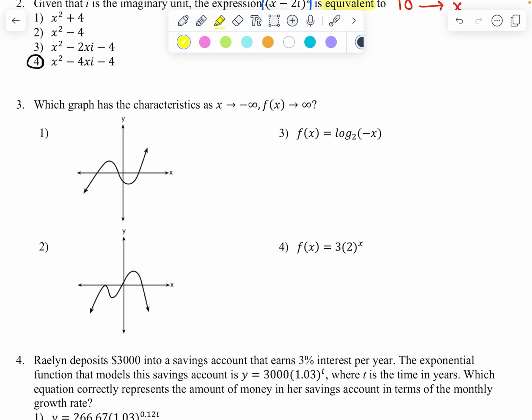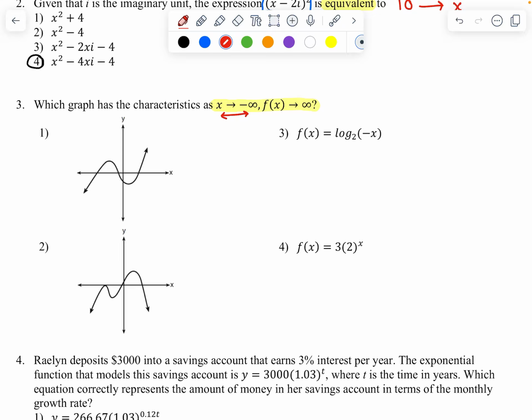Okay, number 3. Which graph has the characteristics of this domain and range? So your X's go left and right. So we're really just looking for the left side or the right side.